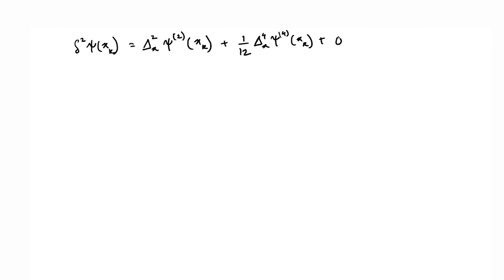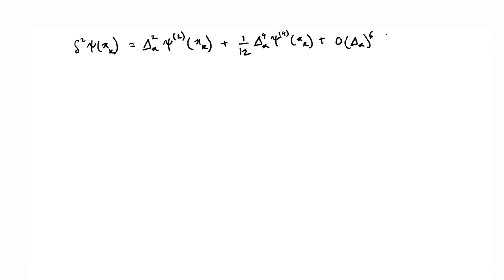Instead of having those 3 terms, we write delta 2 psi x_k equals delta x squared psi 2 x_k plus 1 by 12 delta x to the power 4 psi 4 x_k plus order delta x to the power 6.